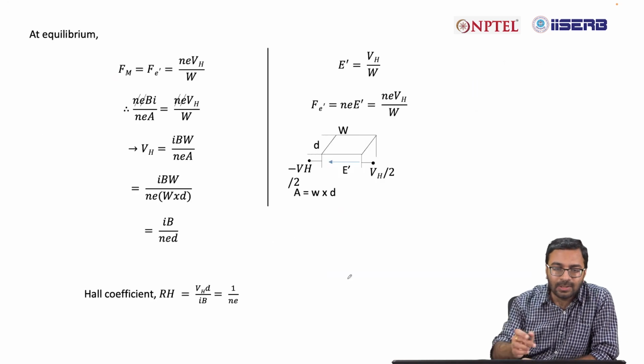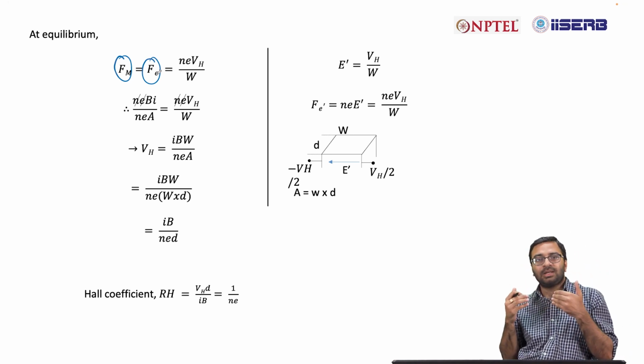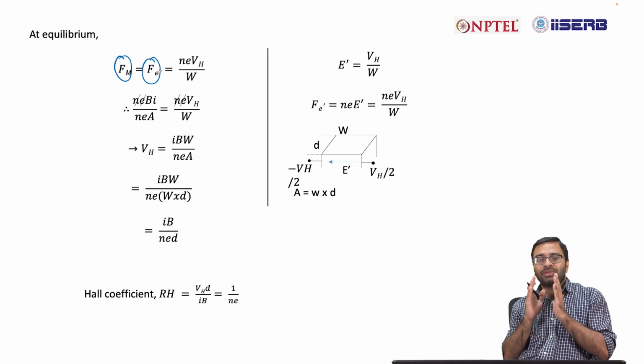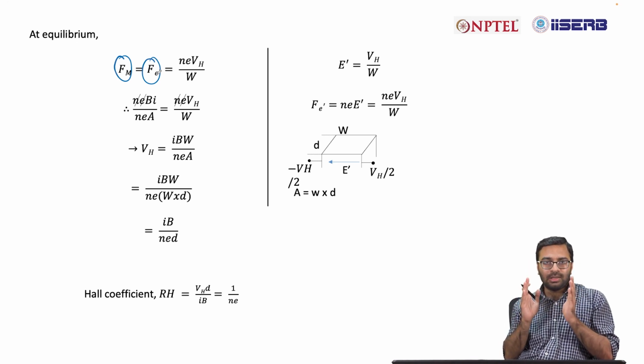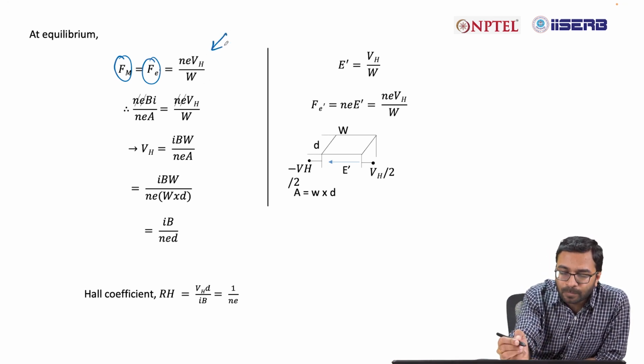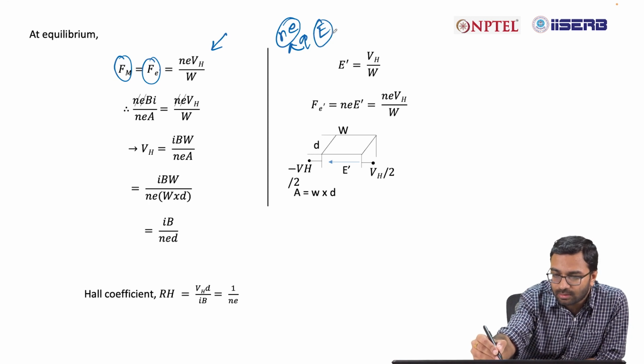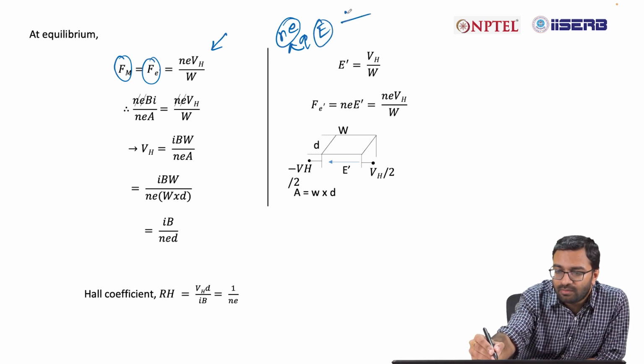So in this case, your magnetic force and electric force balance each other in an equilibrium condition, and then you will find there is a constant voltage across this semiconductor block, and the value of the electric force is N into E Vh by W, because it's Q into E. Q is N into E, and capital E is the electric field, which is V by D. In this case, D is W and V is Vh.